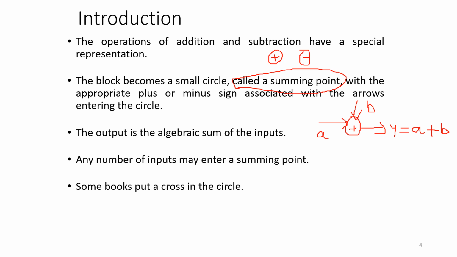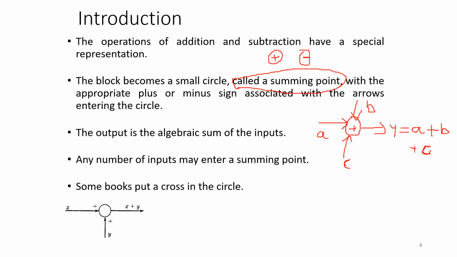Any number of inputs you can give. You can have two inputs, or I can have three inputs. If I give one more input here, then you can represent the same thing as Y equals A plus B plus C. This is a simple example showing how you can represent an addition operation using a summing block in the block diagram representation.